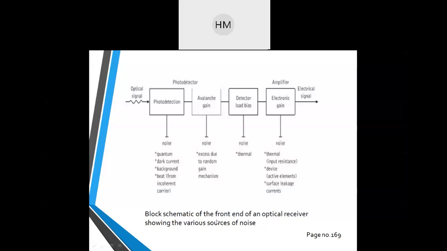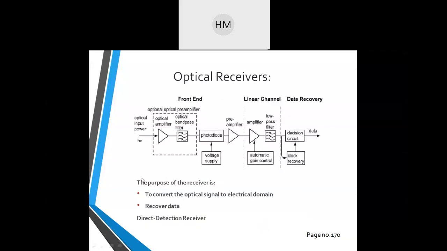So this is the schematic of the front end of an optical receiver showing the various sources of noise associated with each device. So optical receiver, this is the front end. The purpose of the receiver is to convert the optical signal to the electrical domain and recover the data.